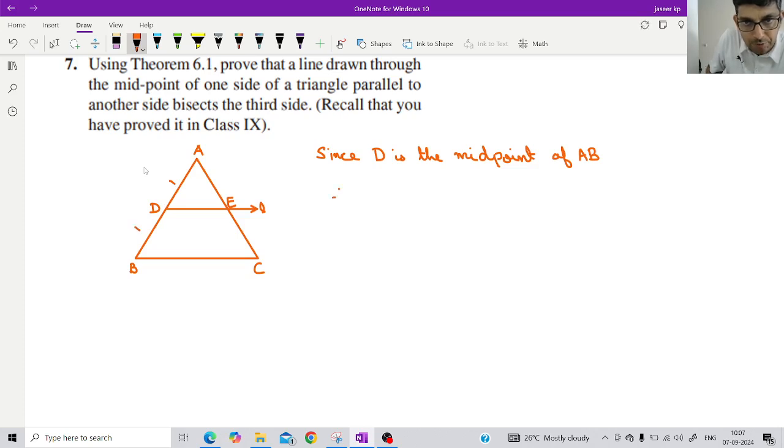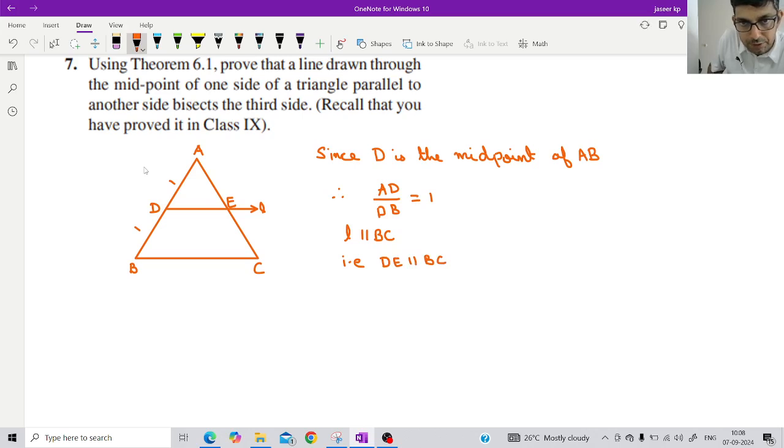So therefore AD by DB equals 1, and also it is given that L is parallel to BC, that is, DE is parallel to BC.